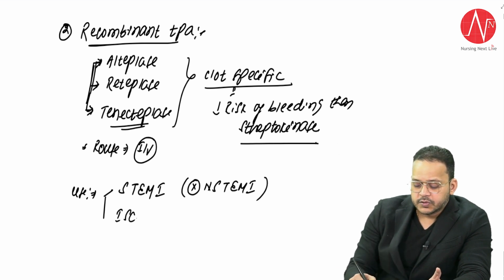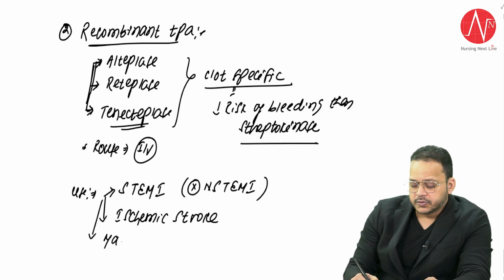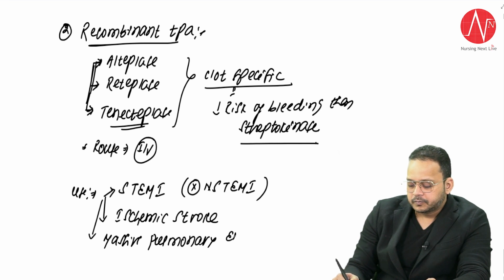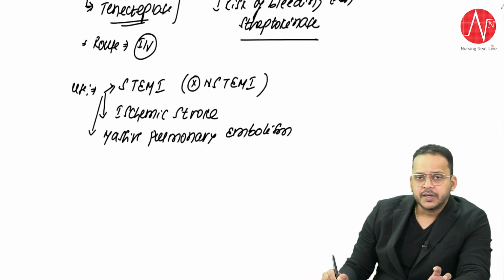They can be used in ischemic stroke, but remember, they are not used in hemorrhagic stroke. And they can also be used in patients with massive pulmonary embolism.